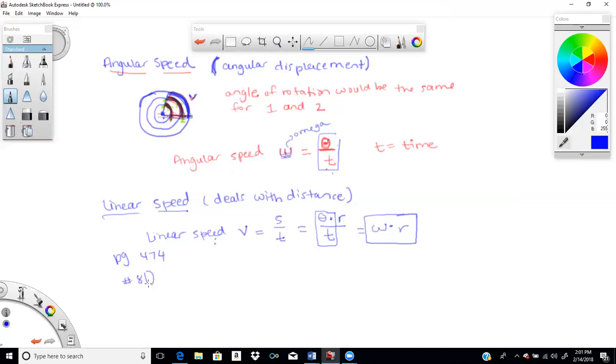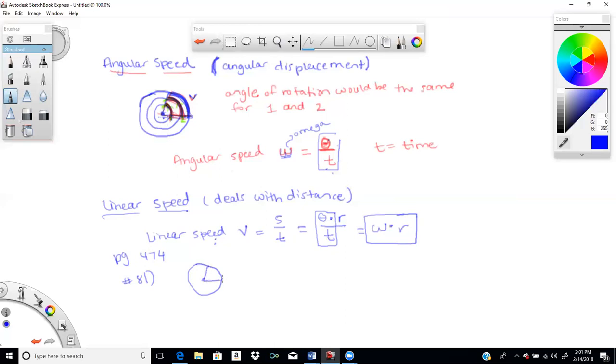It says that an industrial circular saw blade has a 10-inch radius and spins at 1,000 revolutions per minute.